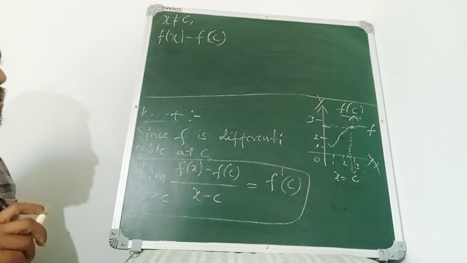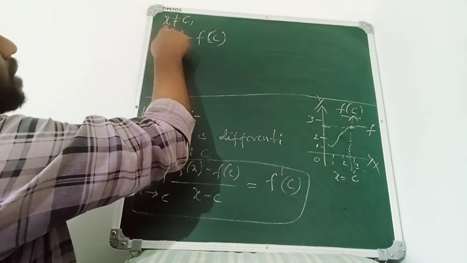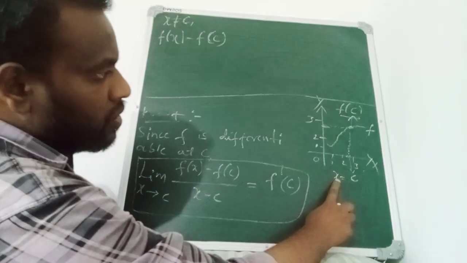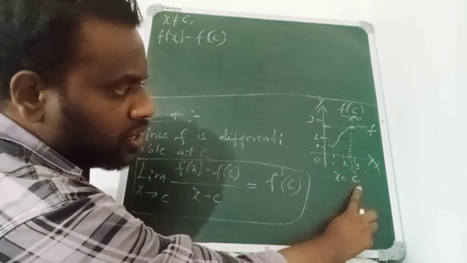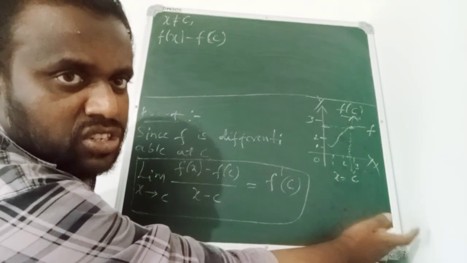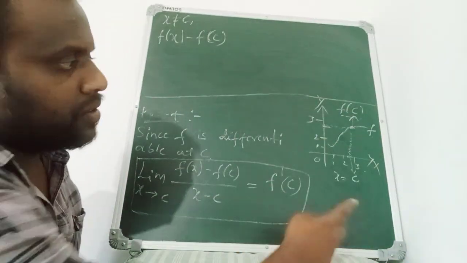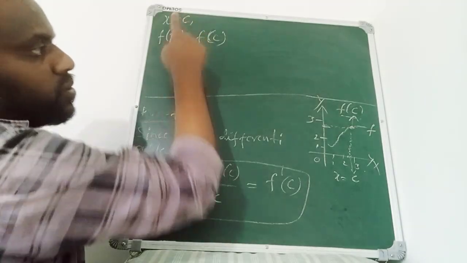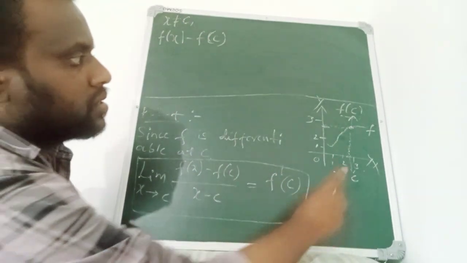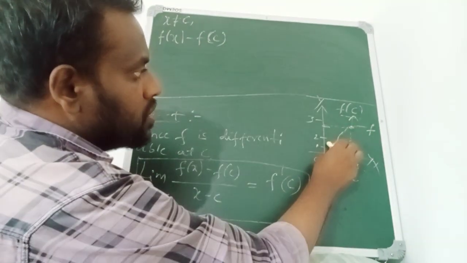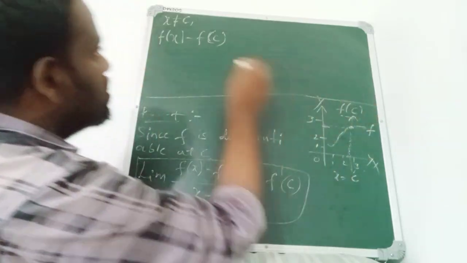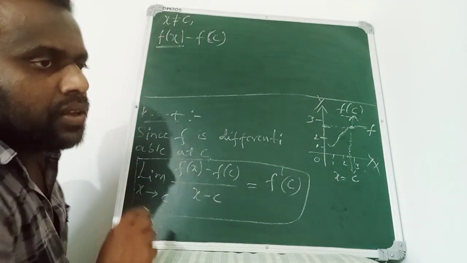Okay, so when x is not equal to C, there is no C value, so definitely f of C won't be there, because I am telling x is not equal to C. At that time, this whole curve, the entire thing, is f of x.